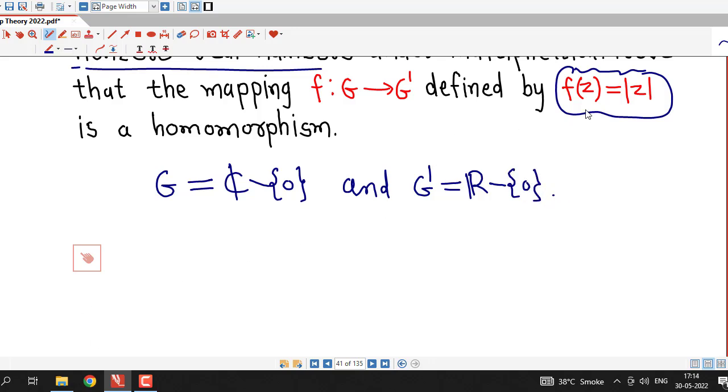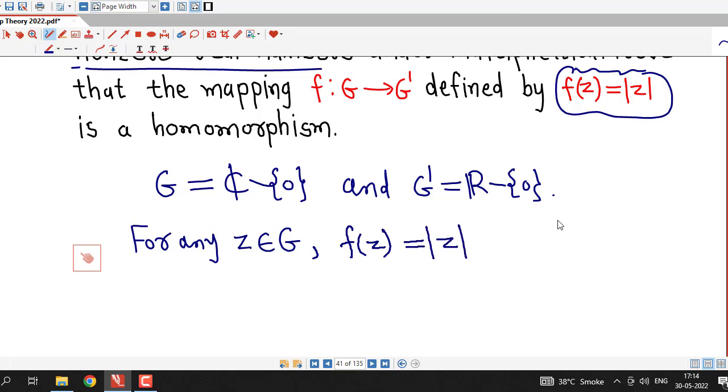And we have to prove that for any z in capital G, that is for any non-zero complex number, f of z equals absolute value of z is a homomorphism. This we want to prove.